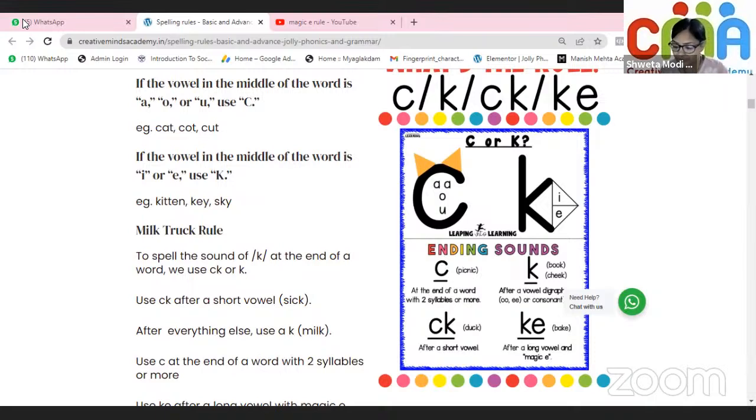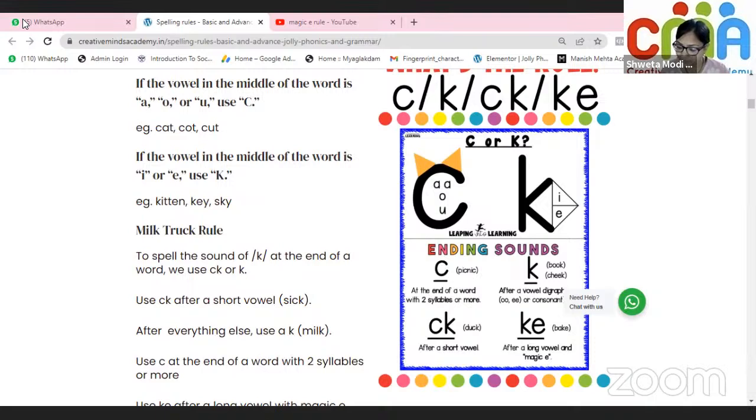Like in the word tank, there is a consonant. So after a consonant, we have to use only K.